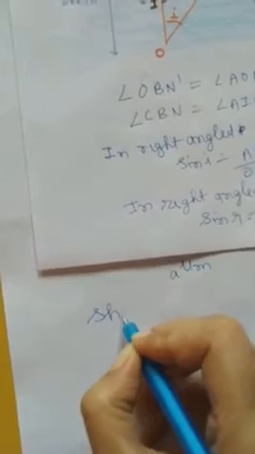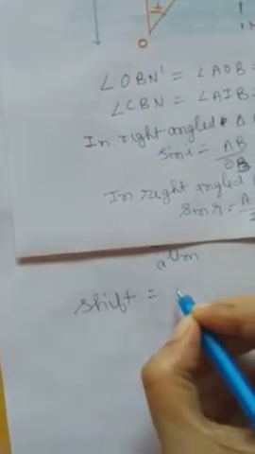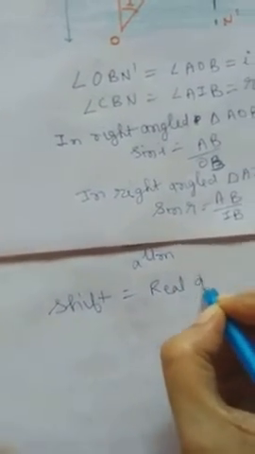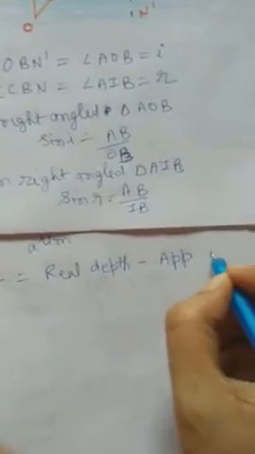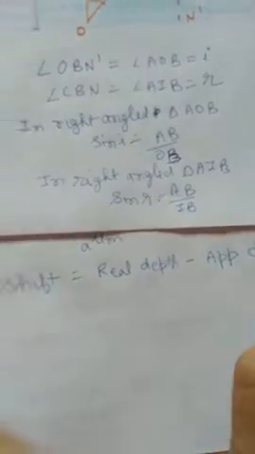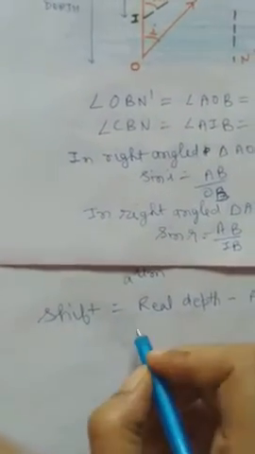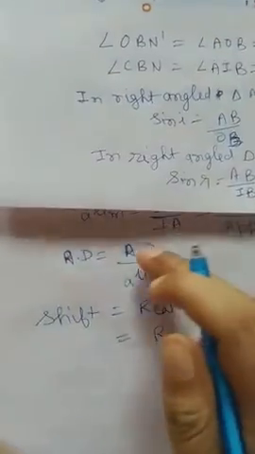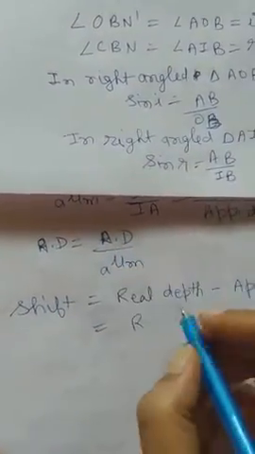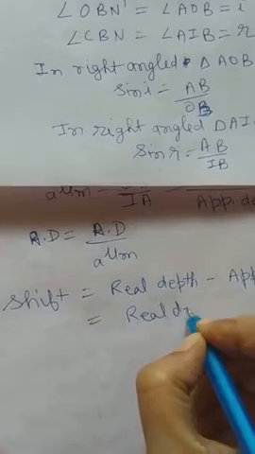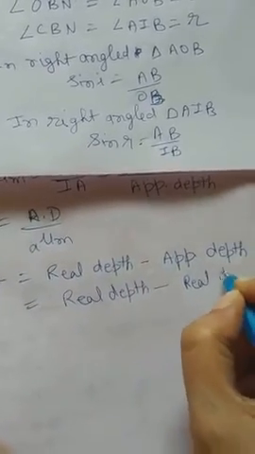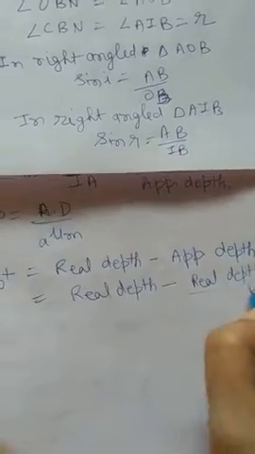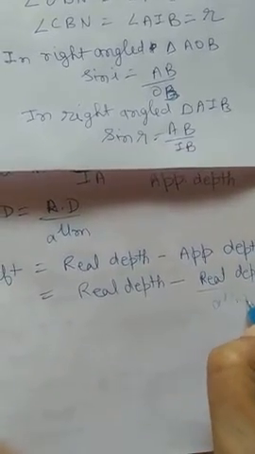So shift will be equal to real depth minus apparent depth. Clear? Now apparent depth we got just now is real depth by A mu M. So we can write this as real depth minus real depth divided by A mu M.